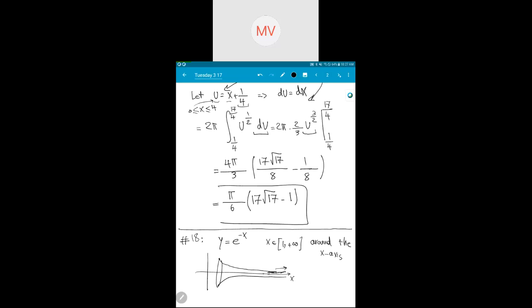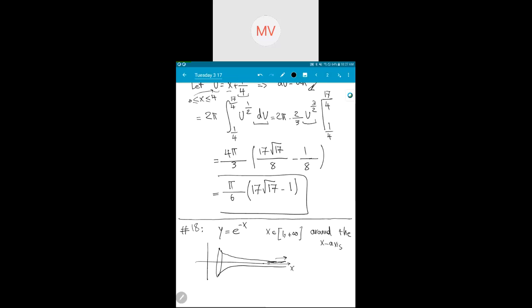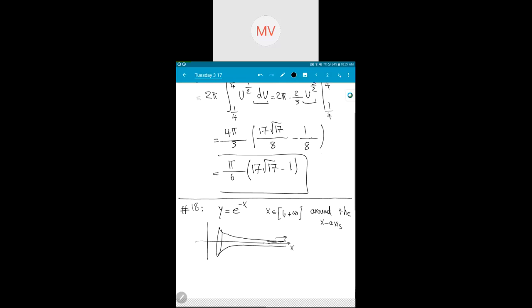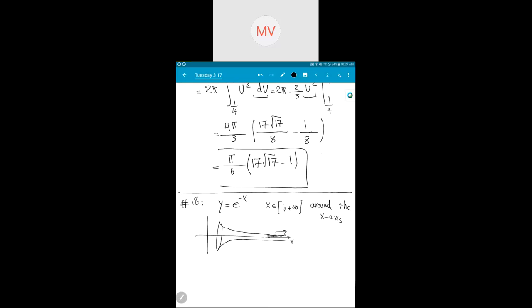And we want to find the area of that surface. Questions on the graph?